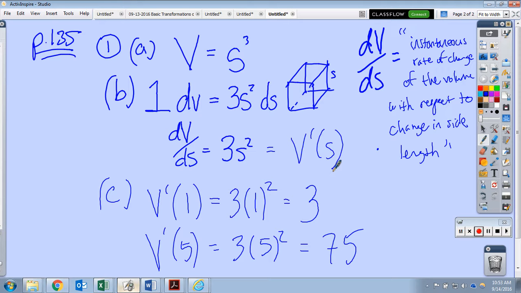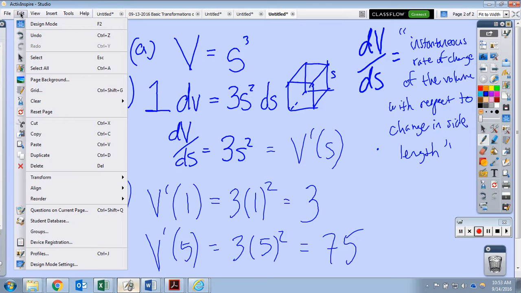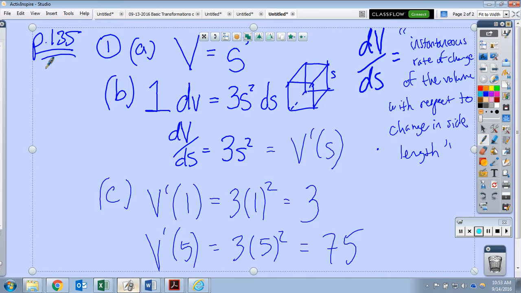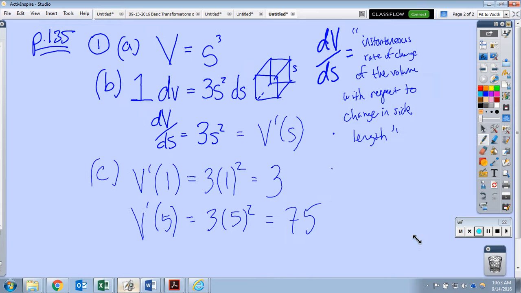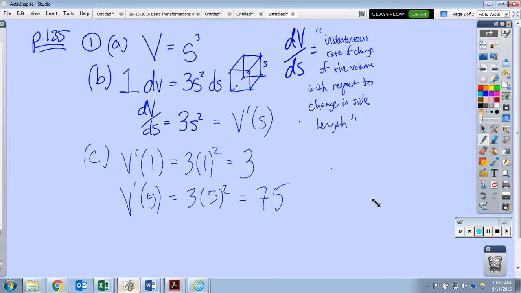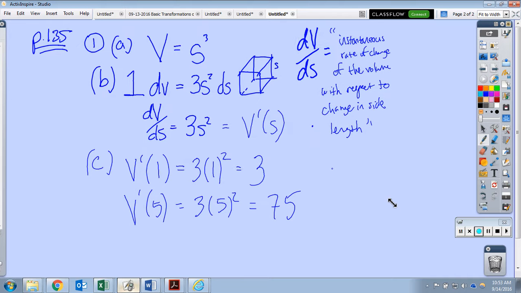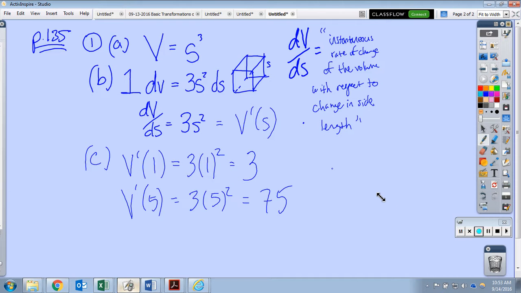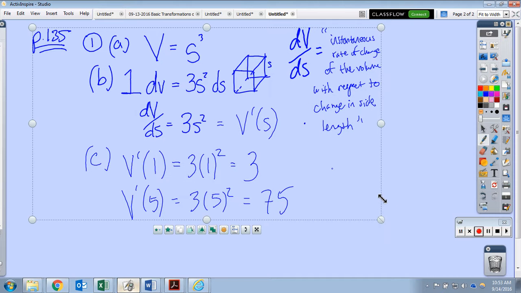Right, it's like inches cubed over inches, so you would think that the inches on the bottom would cancel out one of the inches on the top.